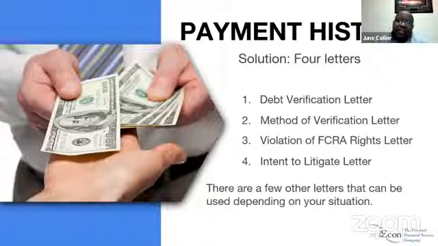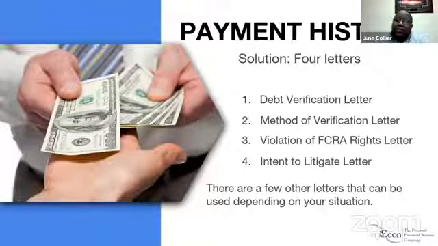We have a ton of different letters that are available to you. If you've got medical debt, there are letters for medical collections. If you have a lien, a tax lien, we've got letters for removal of tax liens. If you have a card that you have been paying on, and you just forgot the payment, but this is a card that you've always paid on, right?